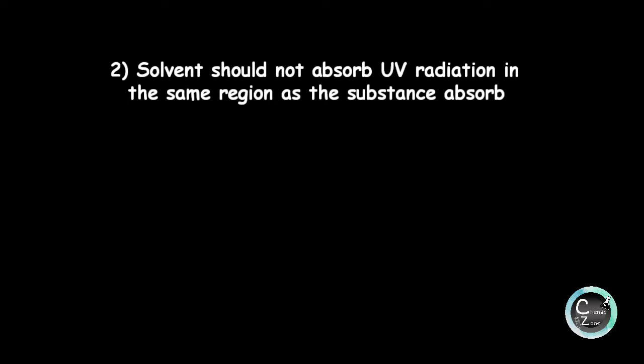So in this case, we cannot use toluene as a solvent because it also absorbs at approximately 280 nanometer. So we cannot use toluene as a solvent in this case.